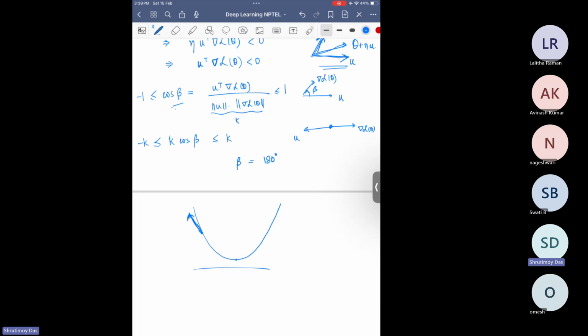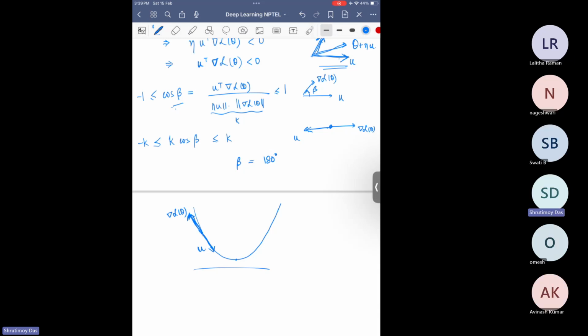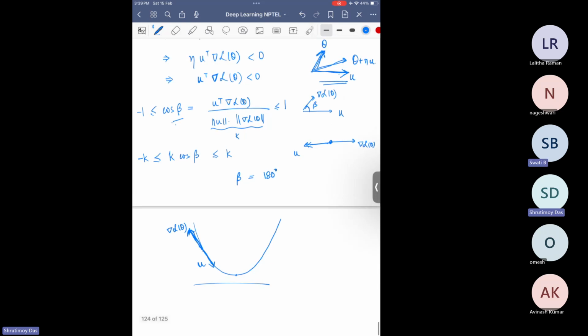If this is my gradient of L theta, I should move in the opposite direction, 180 degrees to the gradient. This should be my u. That is what gradient descent says: you should move in the opposite direction of your gradient. That is how we get the gradient descent algorithm.